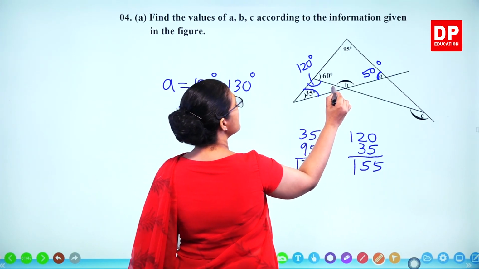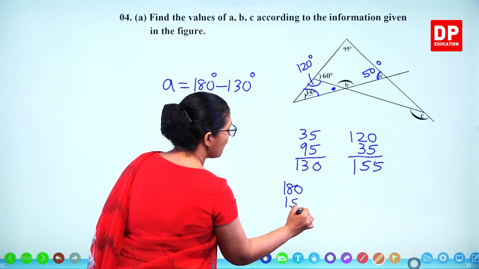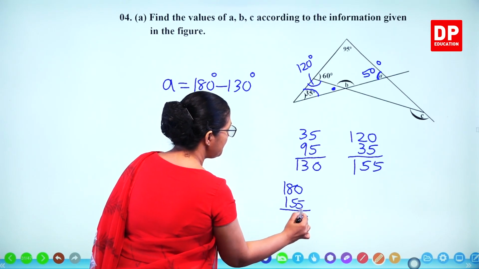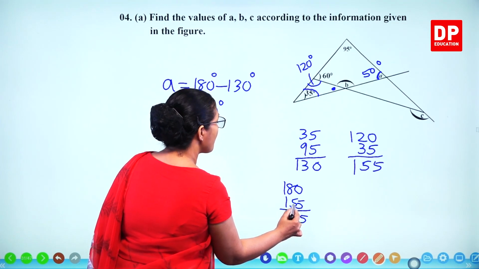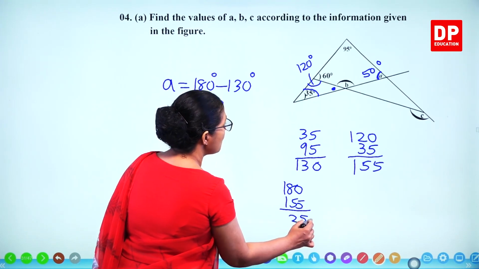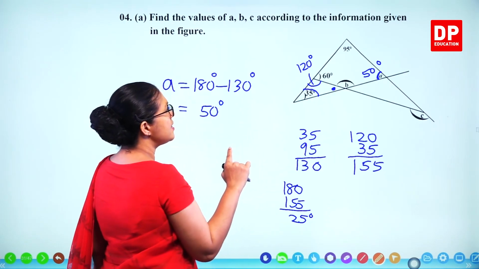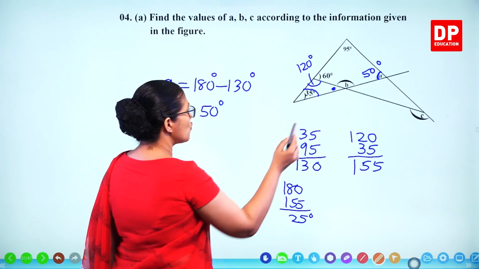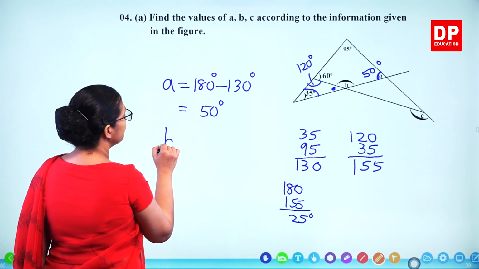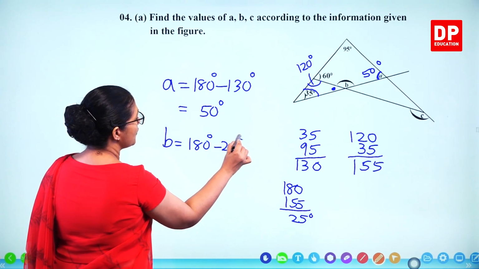So what is this angle? 180 minus 155. 25 degrees here. This is 25, means again 180 minus 25. So B becomes 155.